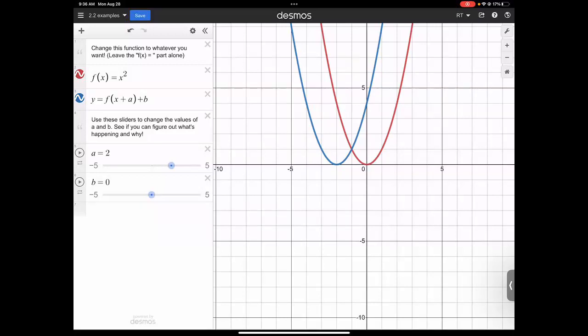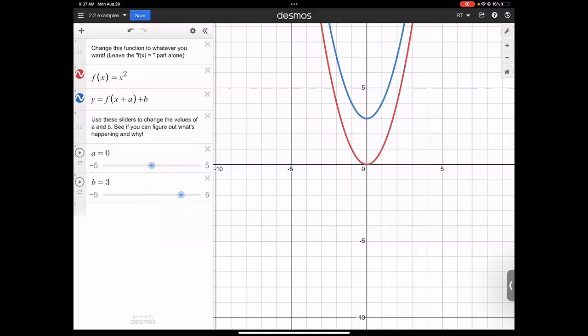What about B? It goes up and down, and probably feels a little more natural, like what you expect. I added 3, everything moved up 3. Well, I'm talking y values. If I add to them, of course they sit higher, they move up.